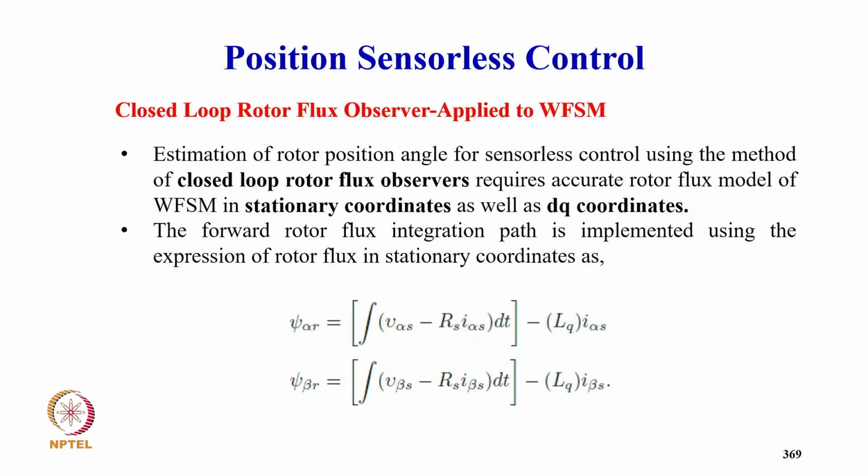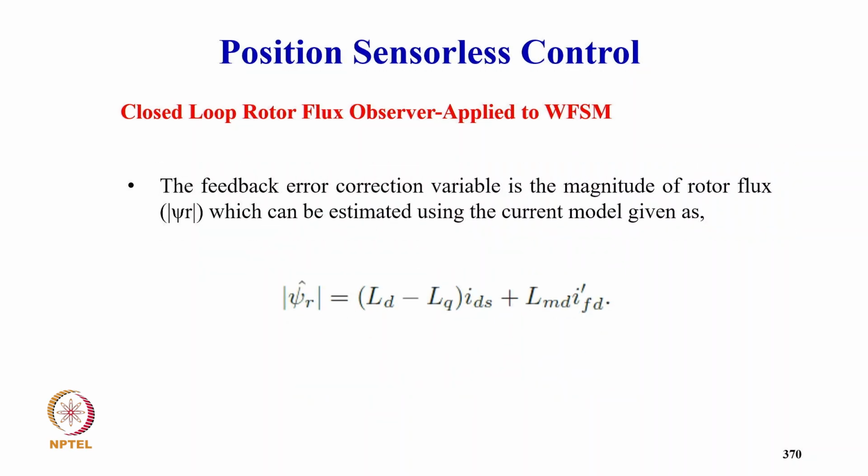The forward rotor flux integration path is implemented using the expression of rotor flux in stationary coordinates: phi alpha r equal to the integration of V alpha s minus RS I alpha s into dt minus LQ I alpha s, and phi beta r equal to the integration of V beta s minus RS I beta s into dt minus LQ I beta s. The feedback error correction variable, the magnitude of rotor flux, which can be estimated using the current model, is phi r absolute value equal to LD minus LQ into IDS plus LMD into IFD star.